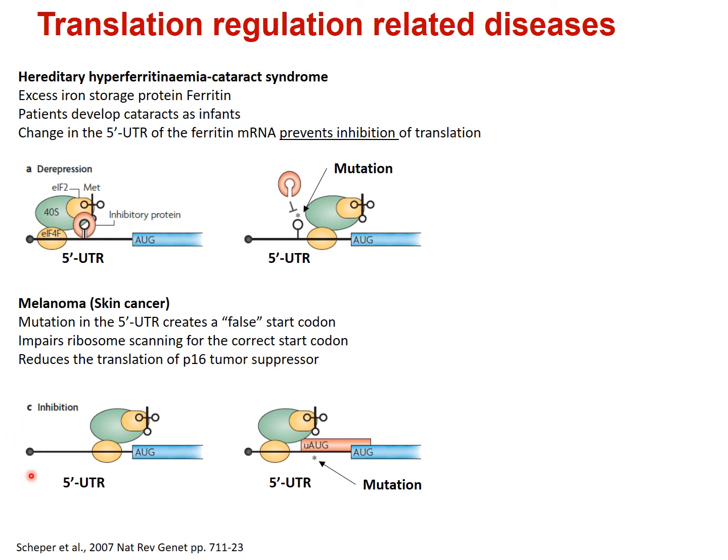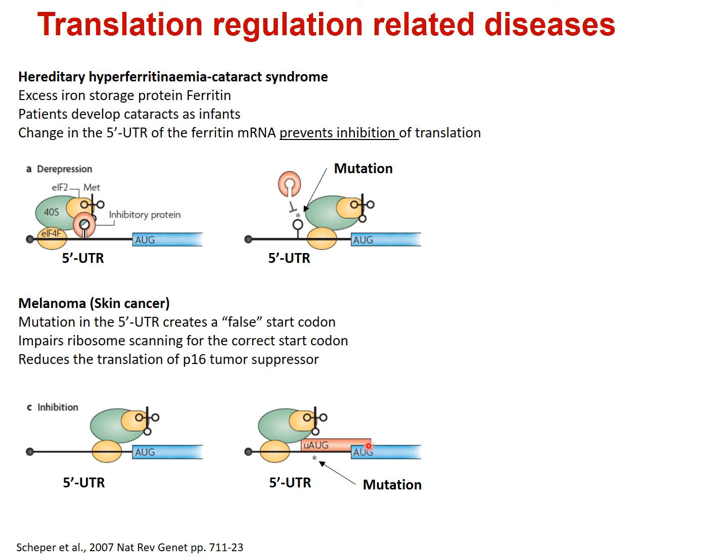So normally we have the ribosome binding at the 5' cap and scanning along until it finds the right start codon. Well, now all of a sudden there's a mutation that creates a different start codon, and the ribosome runs to that. It starts to translate that. It may not do it 100% of the time. It may make it past this, and this might actually be a better start codon.